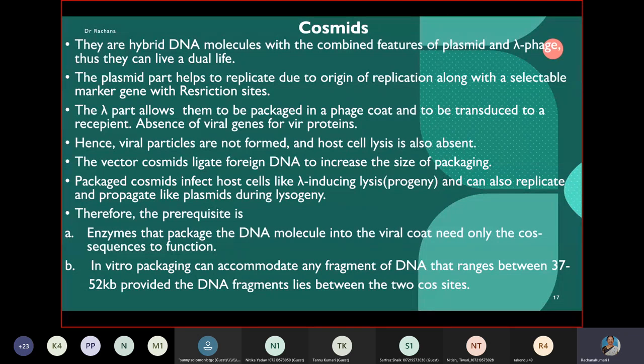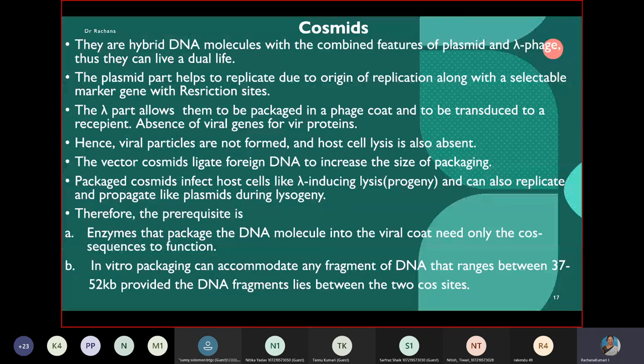Cosmids are those vectors or cloning vehicles which are a combination of plasmid and the phage vectors. Hence we call these recombinant, and always remember a cosmid does not occur naturally. It is engineered in the laboratories.